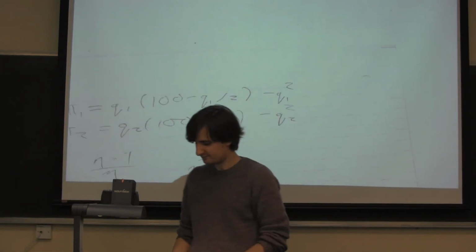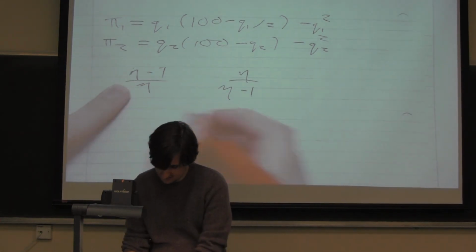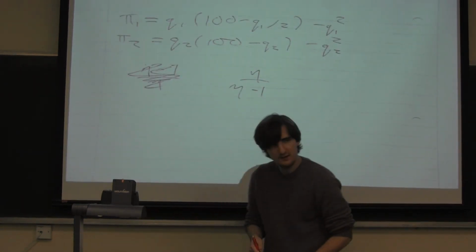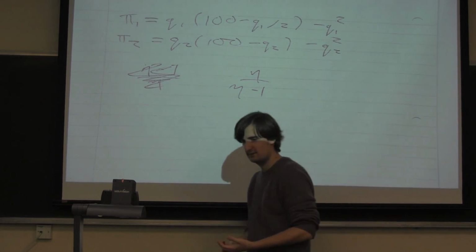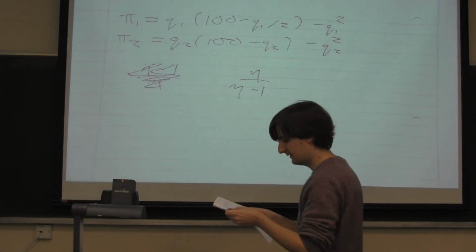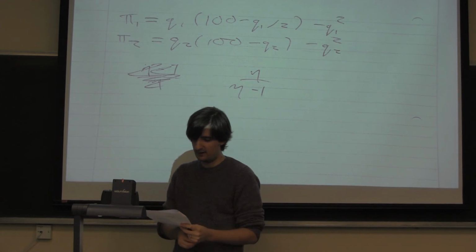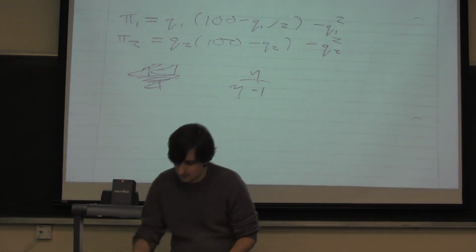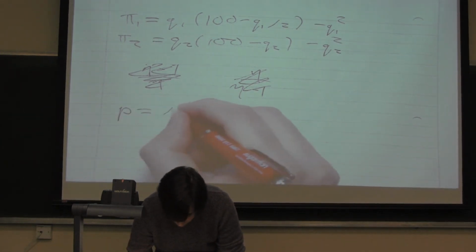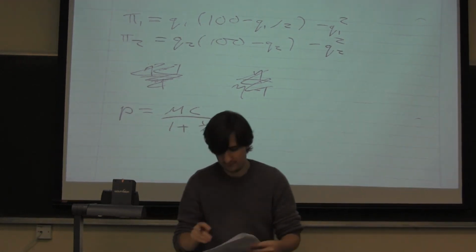Yeah, this one looks more likely. So what we found was that price is equal to marginal cost divided by 1 plus 1 over eta.